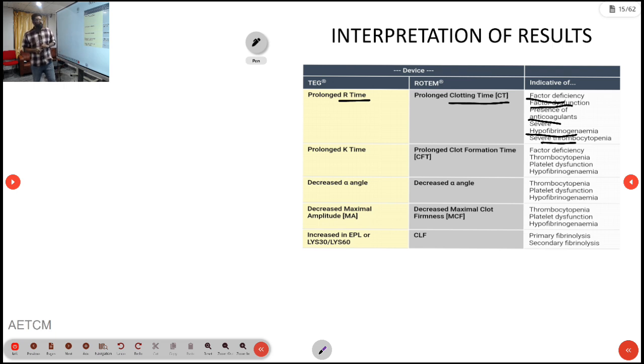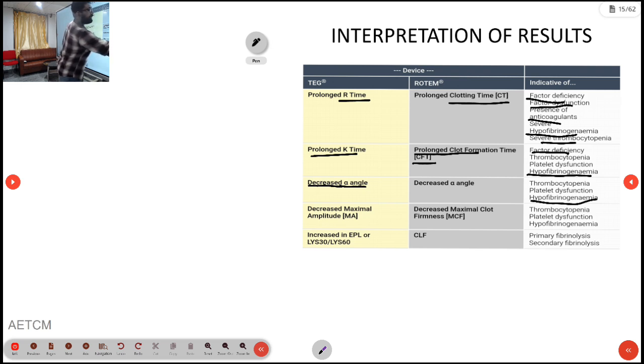Prolonged K time is based on a prolonged clot formation time as in ROTEM, and it also indicates factor deficiency. If the alpha angle is reduced, it's again hypofibrinogenemia. So hypofibrinogenemia is the main component involved in a decreased alpha angle and prolonged K time.